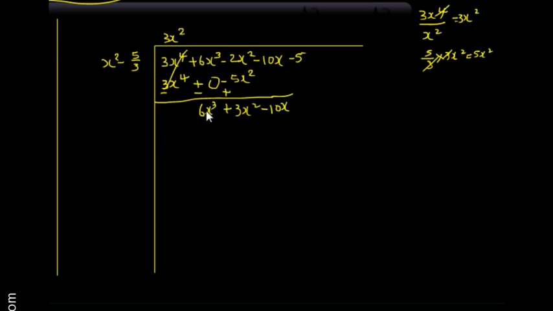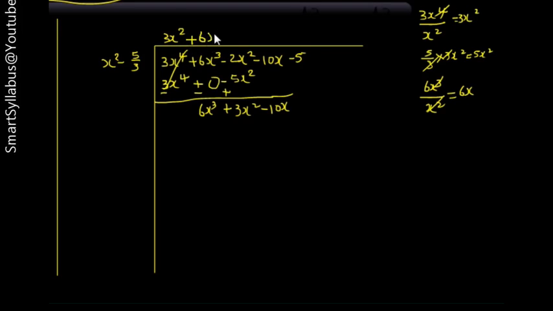Now again divide first term by first term, so here the first term is 6x cube and here it is x square. So from x cube, if x square is gone, just x remains, and this 6 means it is plus 6x. Now again multiply, 1 into 6, it's 6x into x square, it's x cube.